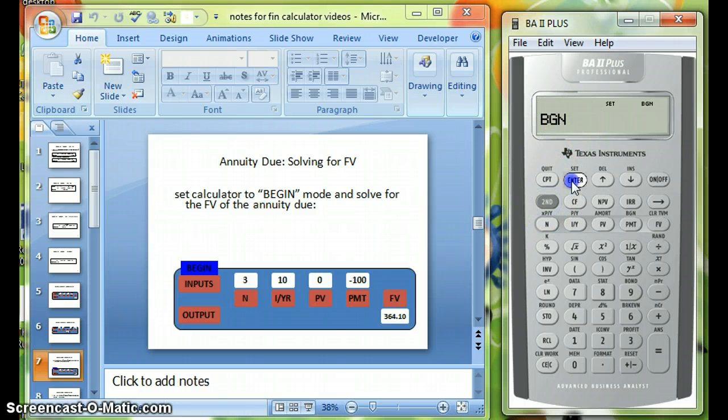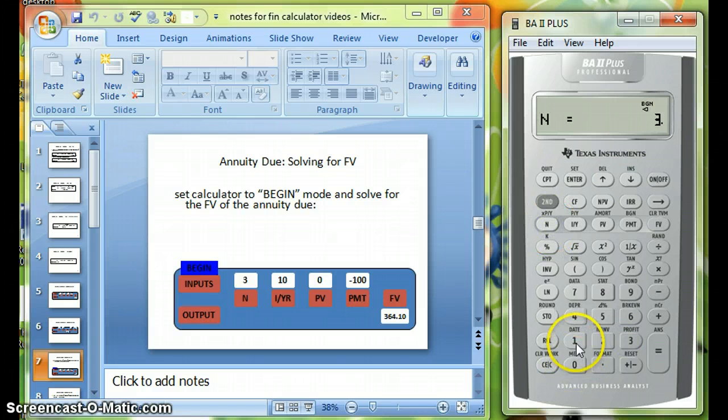So second set, you see it switched to beginning mode, and you have a little reminder here at the upper right corner of your screen. So now if you want to get out of this, see the reminder? This is to remind you that now you are at the beginning mode.